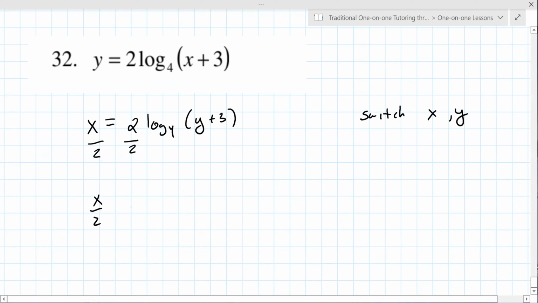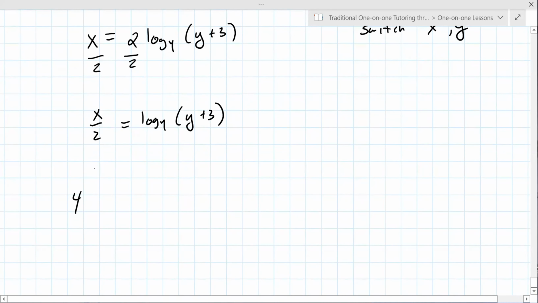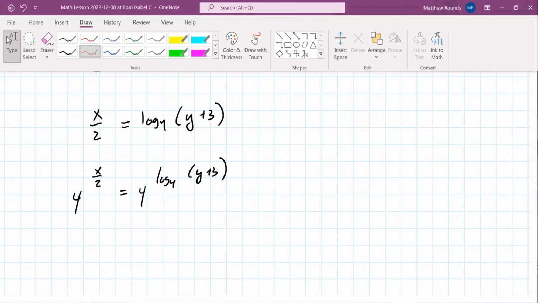So it's x over 2 equals log base 4 of y plus 3. This is where you want to get rid of the log base 4. You have to undo this. To do that, you rewrite both sides with the base of 4. So it's 4 to the log base 4 of y plus 3, and what it does on the right is the 4 to the log base 4 cancels.